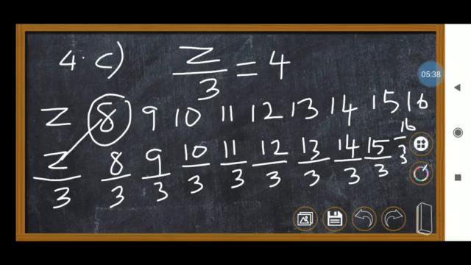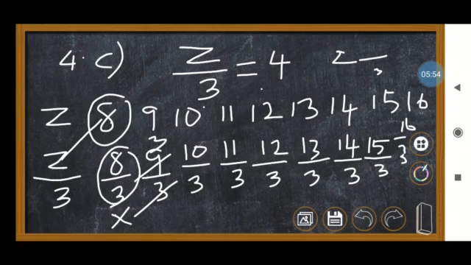So 8 by 3 will not be equal to 4. 9 by 3 means, if you cancel, 1 three is 3, 3 threes are 9. You can write it as a mixed fraction, 2 threes are 6 and the remaining 2 here. And 10 by 3 is not equal, 11 by 3 also not equal.